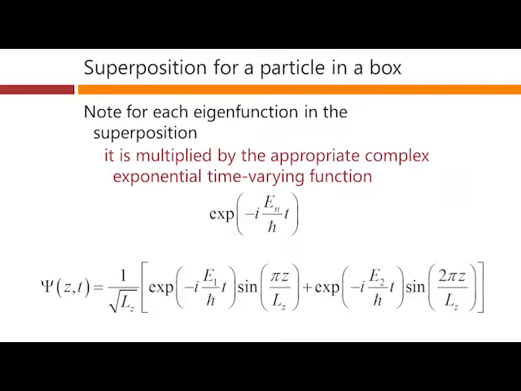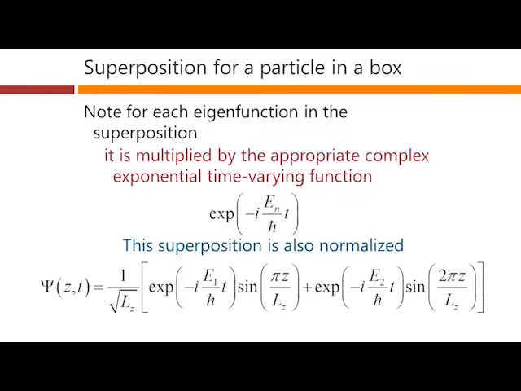So here's the one for the first eigenstate of the well, and here's the one for the second eigenstate of the well. This is the energy of the first eigenstate. This is the energy of the second eigenstate. And doing this, of course, for each of these makes each of them individually a solution of the time-dependent Schrödinger equation. And of course, these here are the eigenfunctions of the time-independent Schrödinger equation.